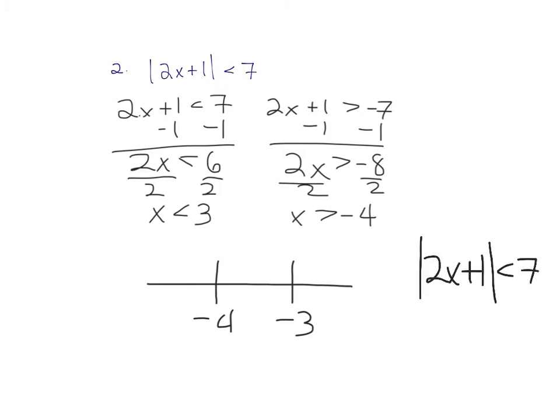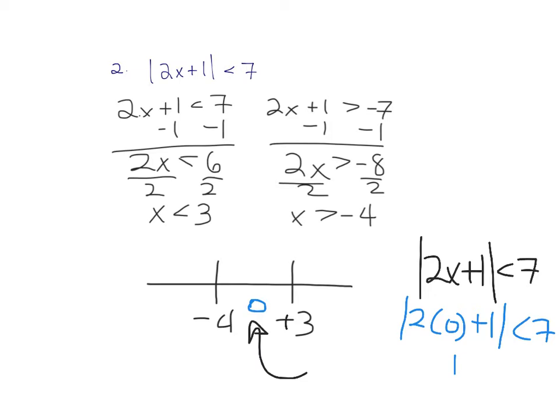So I've drawn my number line and broken my intervals up. I can see, and this should be a positive 3, that 0 is going to be located here in the middle. So when I plug it in, if I get a true statement, I put a check mark. If I don't get a true statement, I put an X. So 2 times 0 plus 1, still in the bars, is 2 times 0 is 0, plus 1 is 1.